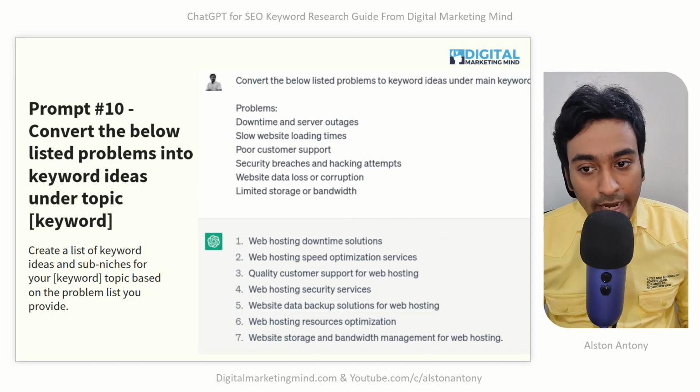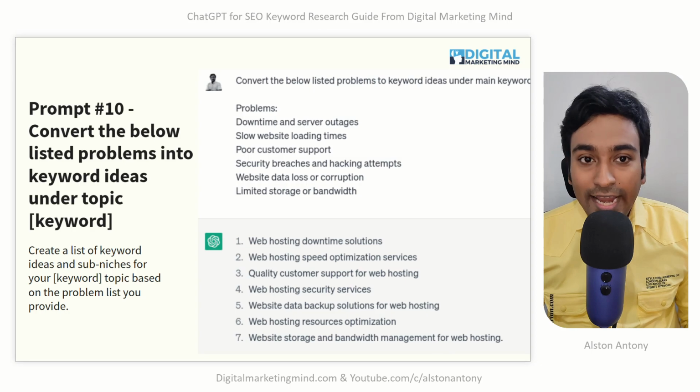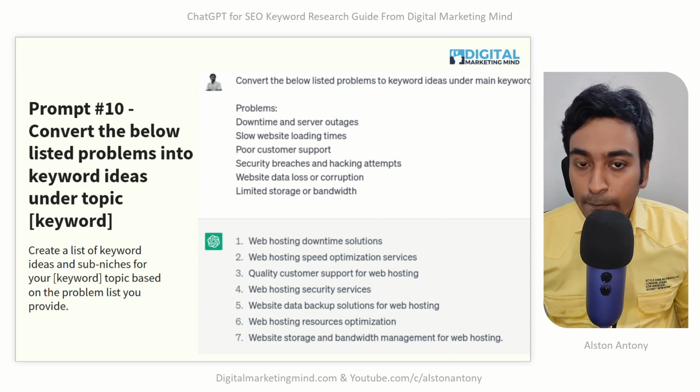The prompt 10 is convert the below listed problems into keyword idea under the topic. The cool thing is, what you notice if you are watching this throughout this video, I have used prompt 9 results in prompt 10, which means we can combine both of these.